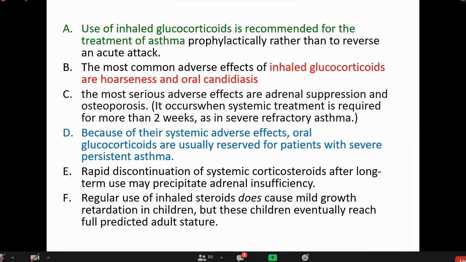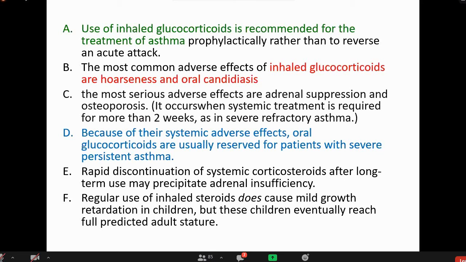Use of inhaled glucocorticoids is recommended for the treatment of asthma prophylactically. This point we have already discussed. In an acute attack, we usually prefer the bronchodilators, a group we have already discussed.